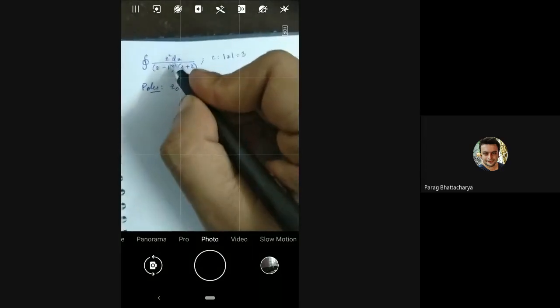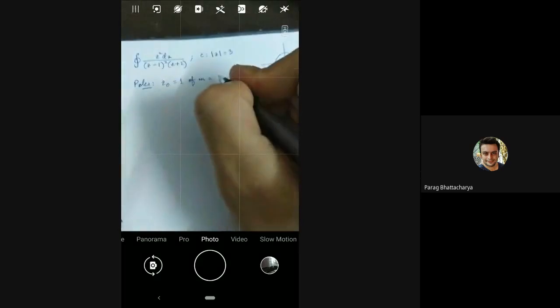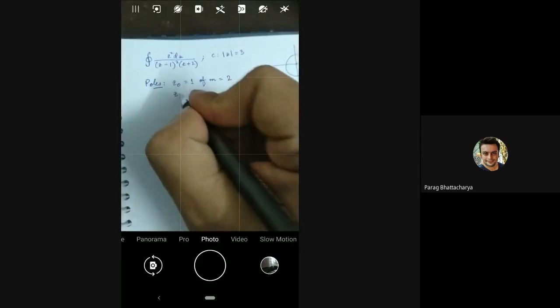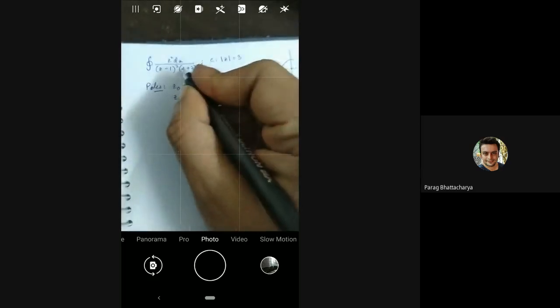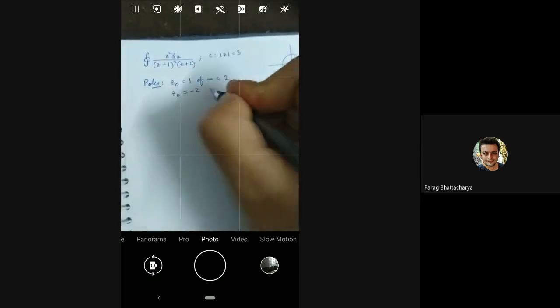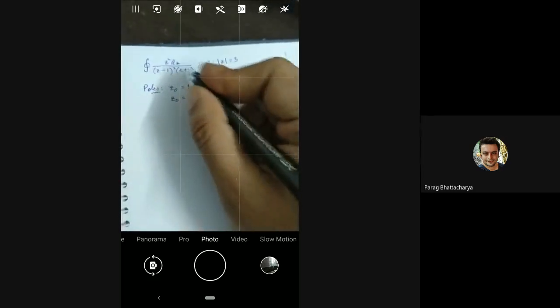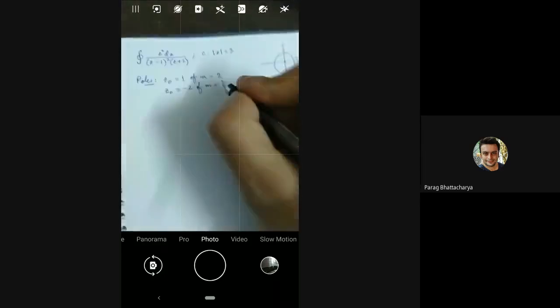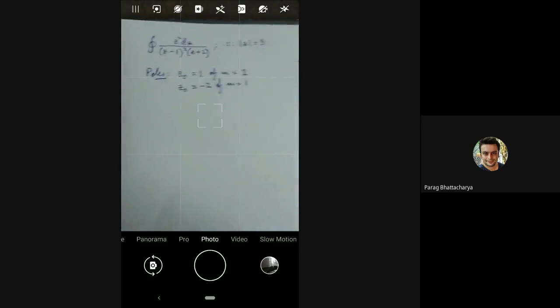Look at the power. The power is 2, so the order is 2. Then we have another pole. You put z equal to minus 2, so this becomes 0. And the power is 1, so the order of this is 1.